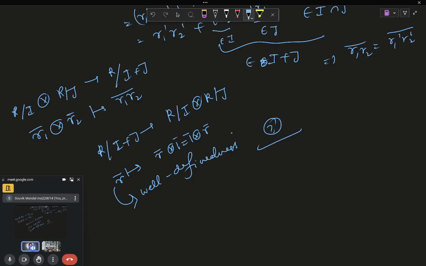Sir, I'm not getting the point. R bar goes to R bar tensor one bar, where one means the one element, the identity. And this is also equal to one bar tensor R bar. Okay, so now first check the well-definedness of this map.